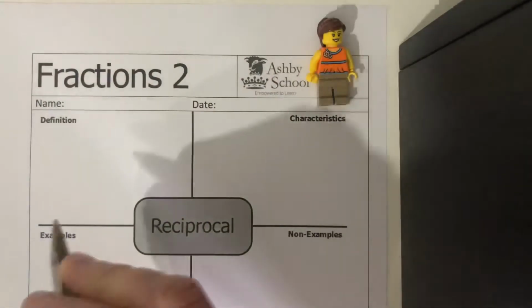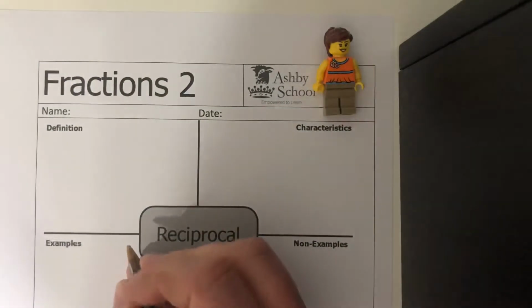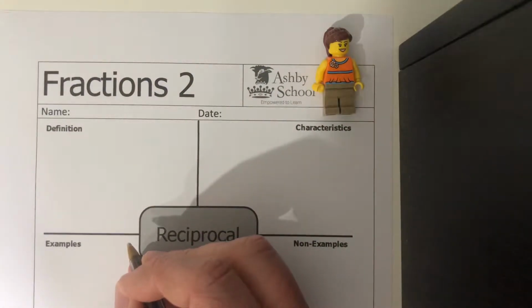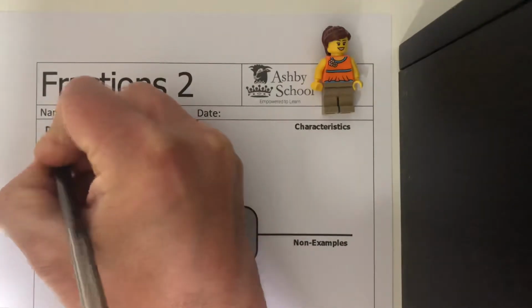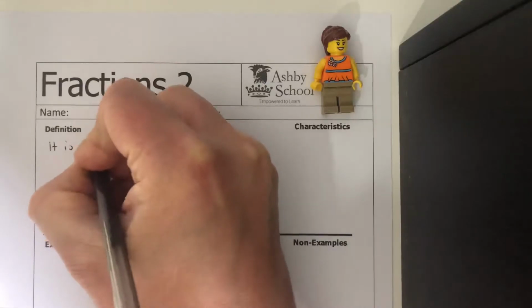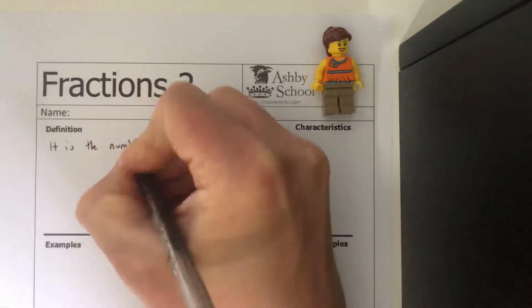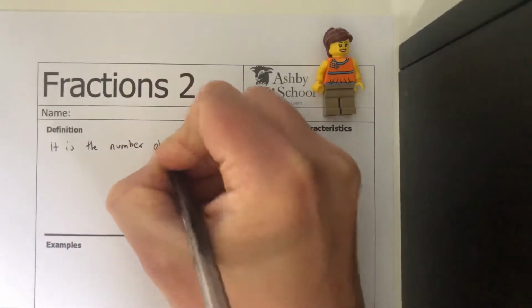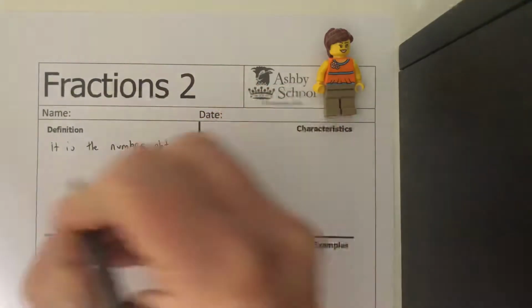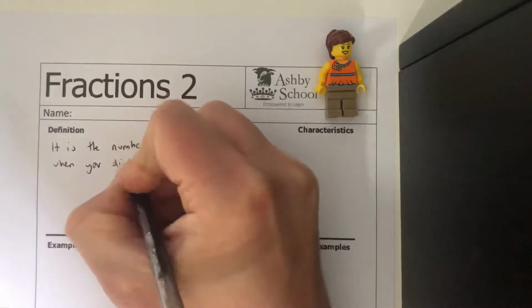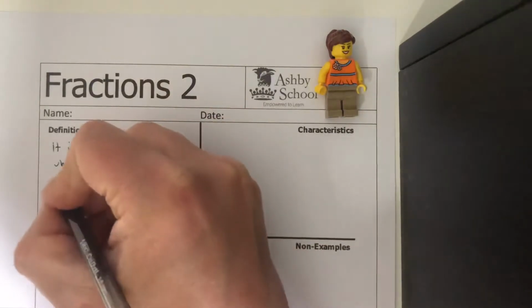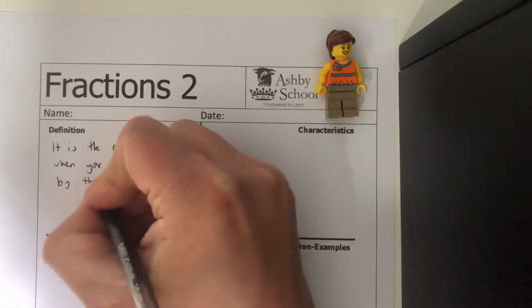So a reciprocal, to define it, is what you get if you divide 1 by a number. So it is the number obtained when you divide 1 by that number.